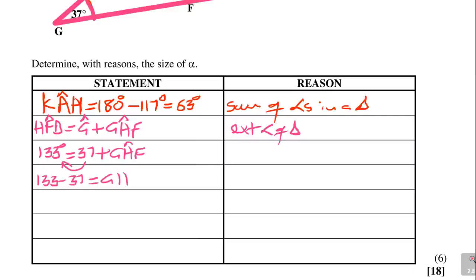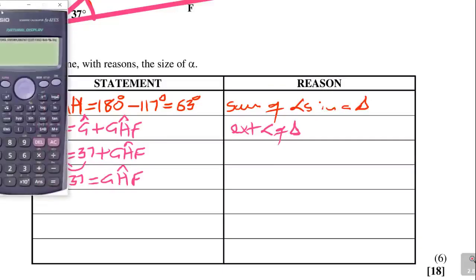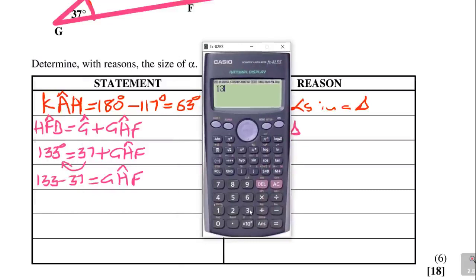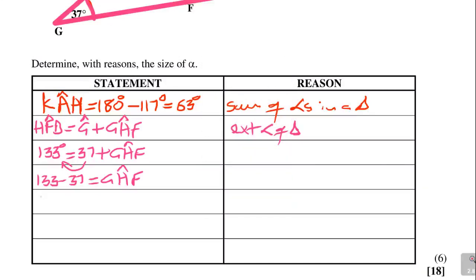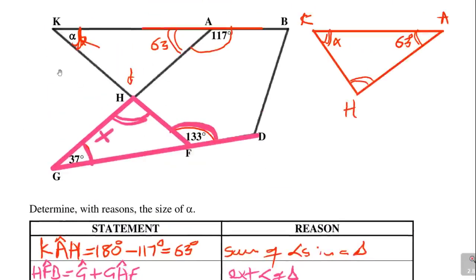We use our calculator to work out 133 minus 37, and you get 96. So 96 degrees is equal to GHF.